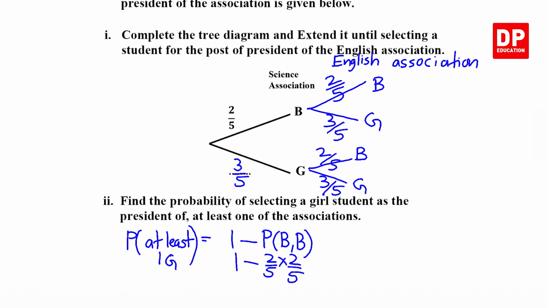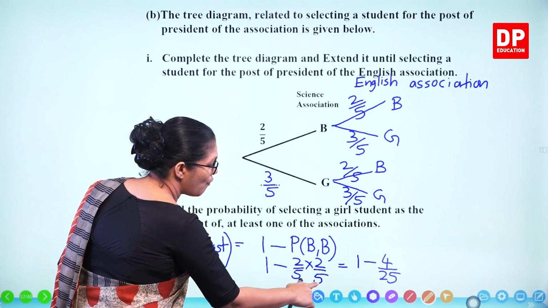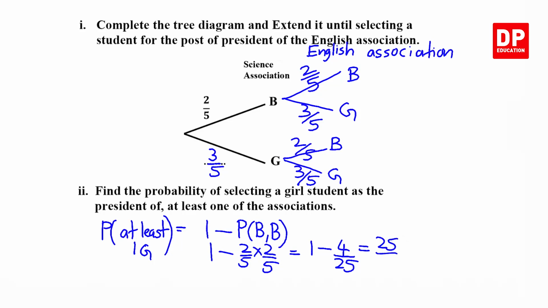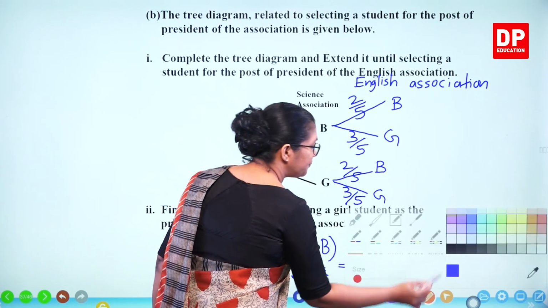So you get 1 minus 4 over 25. 2 times 2, 4, 5 times 5, 25. So that means 25 over 25 minus 4 over 25. So 21 over 25.